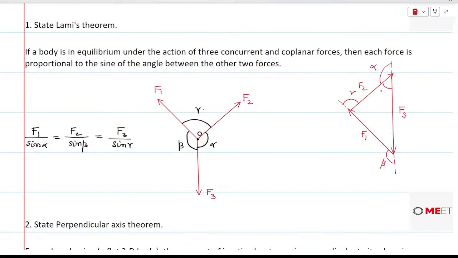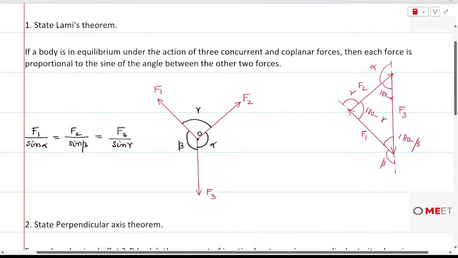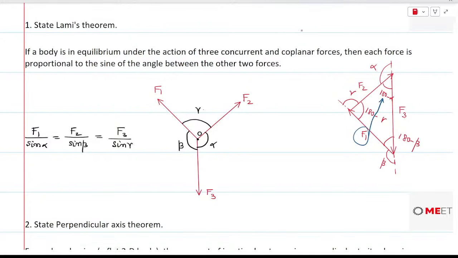So this angle is 180 minus alpha, this will be 180 minus gamma, and this would be 180 minus beta. So F1 should be taken with the angle which is on the opposite side, that is 180 minus alpha.